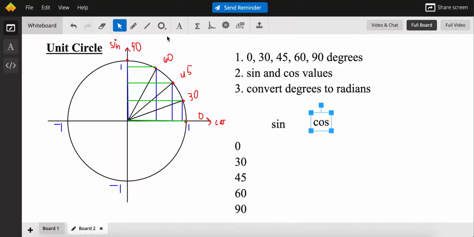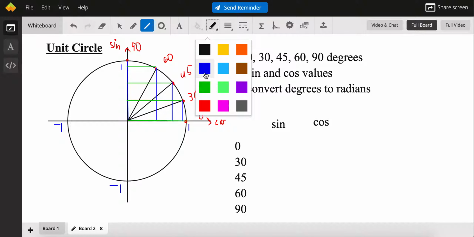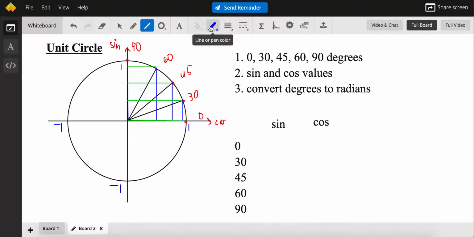Okay, so sine of 0, the pattern is, it goes like this, watch. I'll use blue for sine, just to keep it consistent. Sine of 0 is, you're going to do 0, 1, 2, 3, 4. Then you're going to take all these numbers and divide them by radical 2. So 0 divided by radical 2.